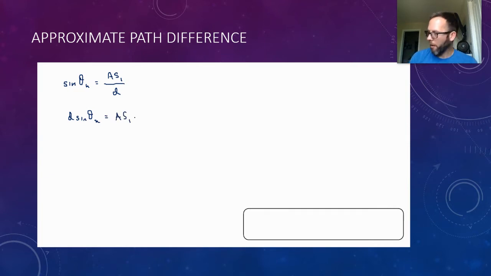But we actually did a lot of hard work already to get an expression for the path difference, right? The expression for the path difference was PNS1 minus PNS2.